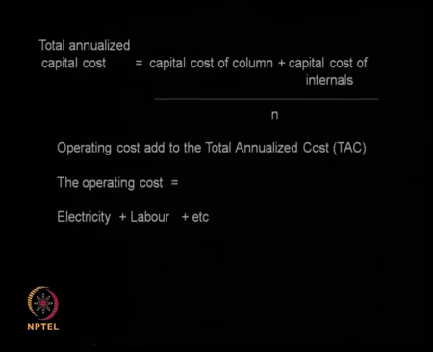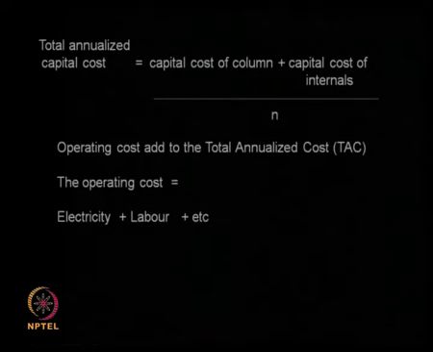For example, if you take a laptop, it may last for 3 years or 4 years or 5 years, maximum 5 years. So we can divide by that particular number, whereas a reactor may last for 10 to 12 years. A simple ordinary vessel without agitation may last for 20 years, and buildings may last for 20 to 25 years.